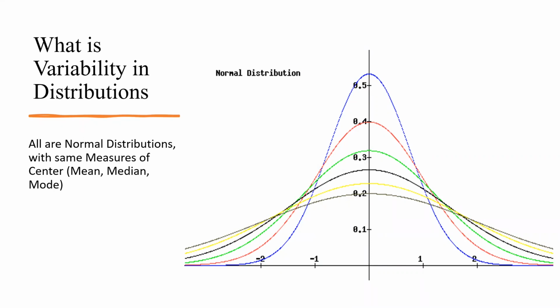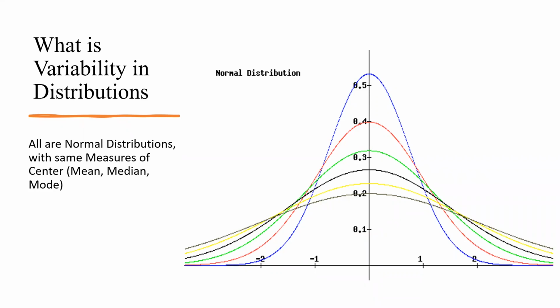One thing you can notice that is common to each of those different normal distributions is that all of them have the same center. Since all of them are perfect normal distributions, mean equals median equals mode, so all three measures of center are equal for all of those different data distributions.